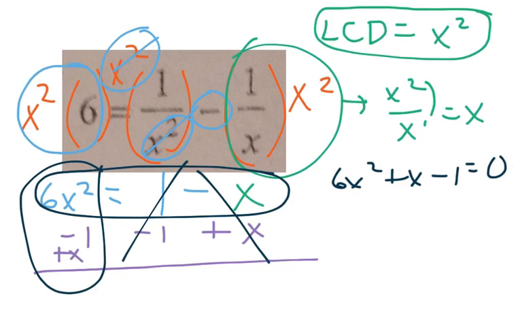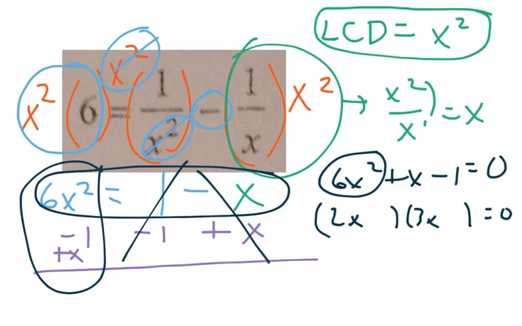So now I need to solve it. Hopefully I can factor it, right? I can solve it two ways again. I can factor it or do quadratic formula. So let's see what I got here. I think I'm going to go ahead and try 2x times 3x, because that's 6x squared.